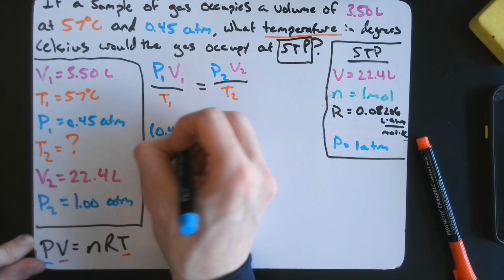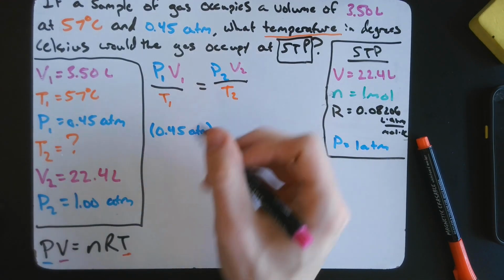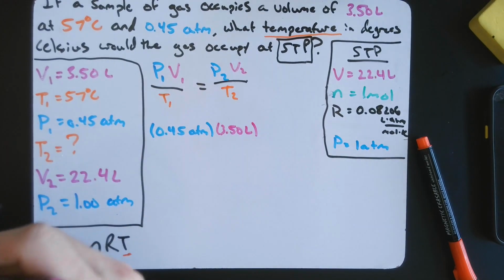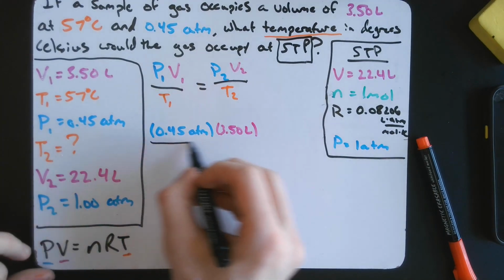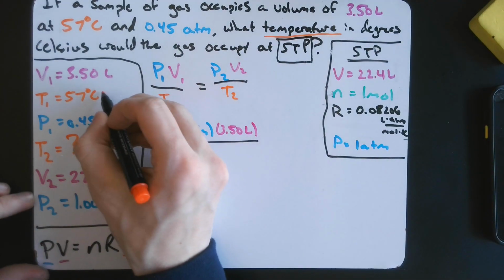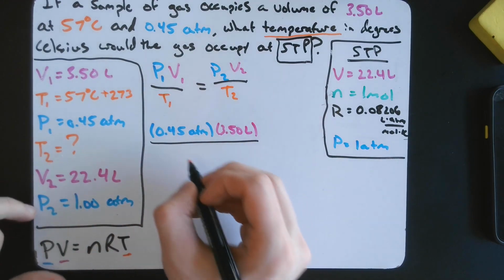Our P1 is 0.45 atmospheres. Our V1 is 3.50 liters. Our T1 is 57 degrees Celsius, which we actually have to convert to Kelvin, so I'm going to add 273 here.